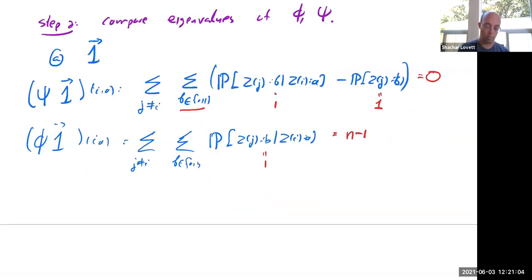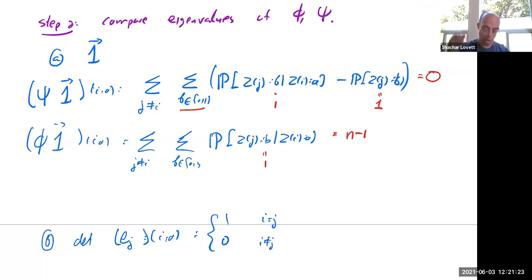Part 2 is the following thing, so B. We're going to define the following vector. So E_j is going to be the following vector. E_j at coordinate ia is going to be 1 if i equals j, and 0 if i is different from j. So remember, I have 2n coordinates. So E_j is going to be a vector with two 1s and the rest 0.